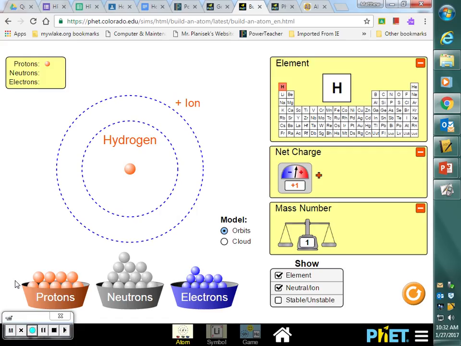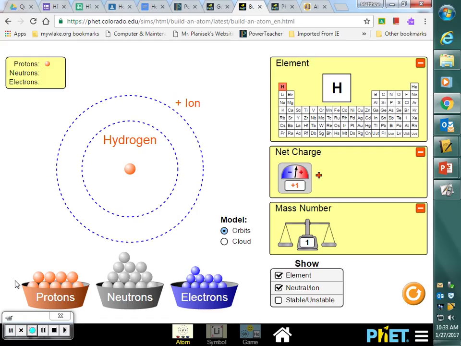So let's talk about that, okay? Alexa, if we look at our model on the left-hand side, it says that it's hydrogen, but it also tells us something. A little thing popped up on the right-hand side over there: plus ion. Okay? So, we talked about the idea that atoms are electronically neutral, and that means what has to be true?